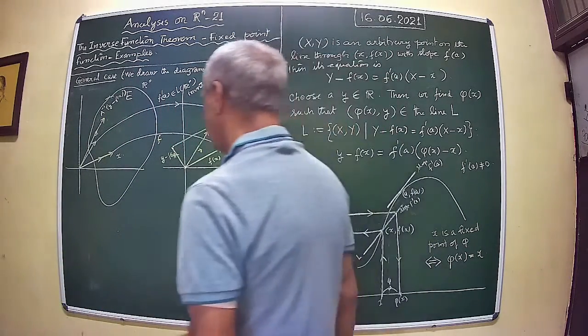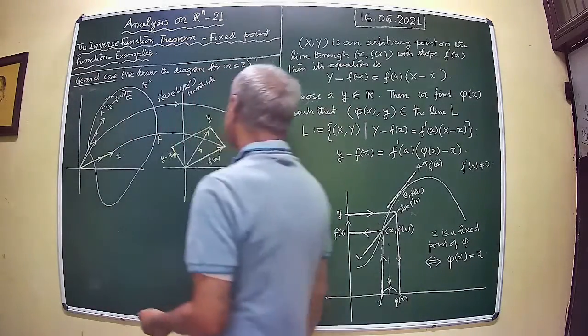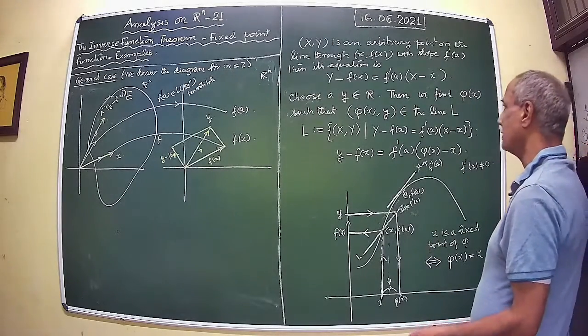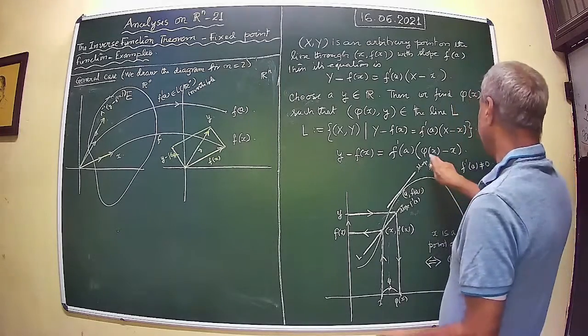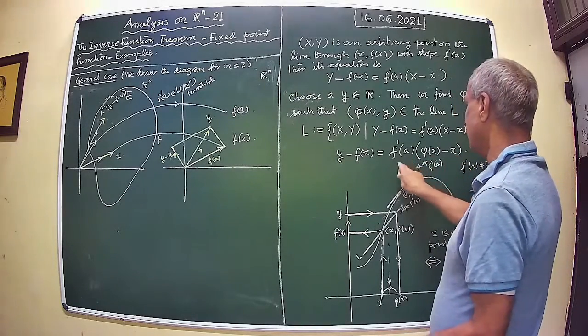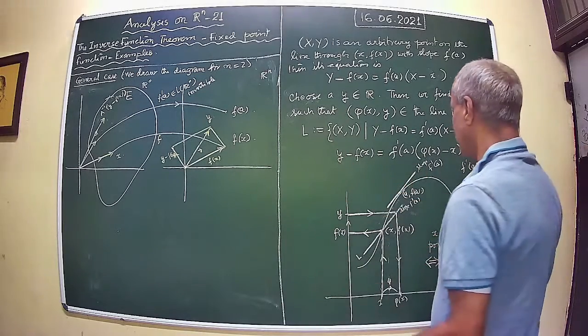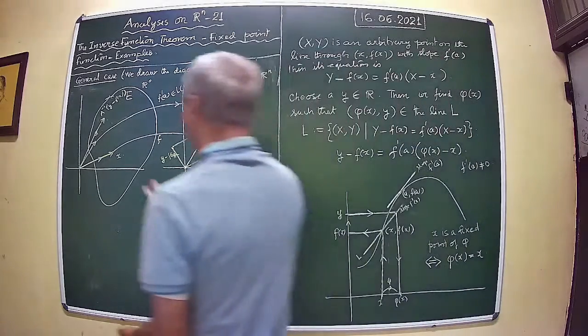Now what do I call phi x? Phi x has the property that phi x minus x is A inverse multiplying y minus fx. So that we have got.